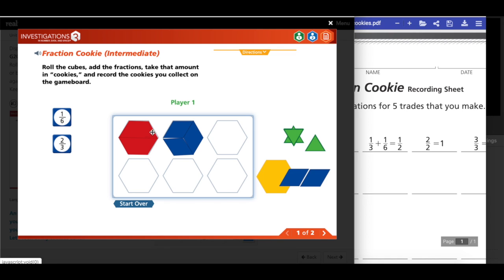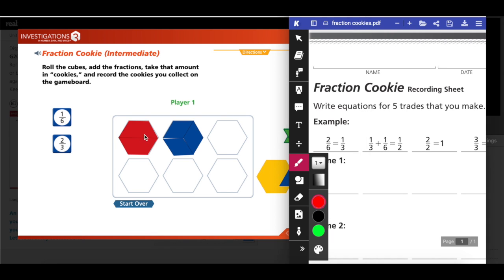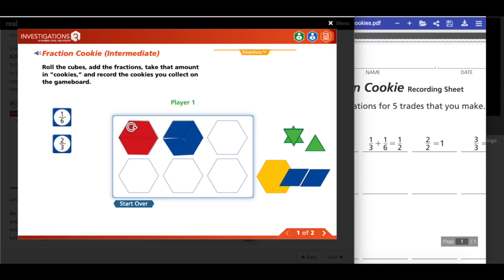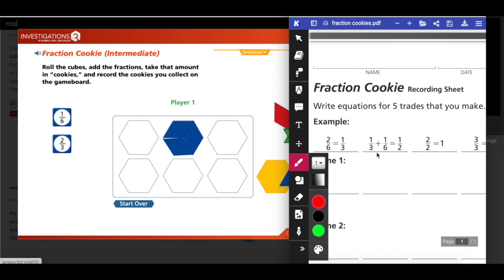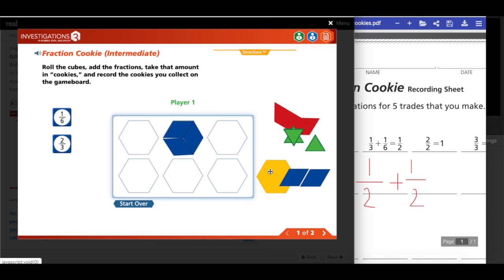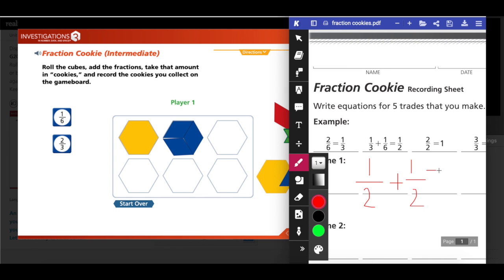I could have also swapped out both of my trapezoids, so 1/2 and 1/2, with just one hexagon, and my one hexagon is equal to 1 whole. So what we just did is that we were able to use pattern blocks to show how equivalent fractions are the same.